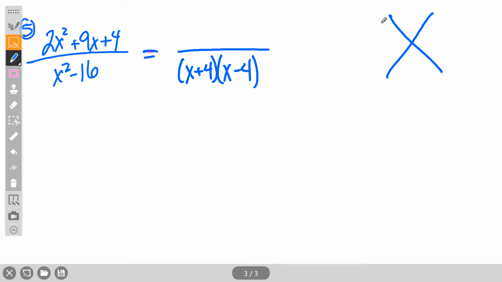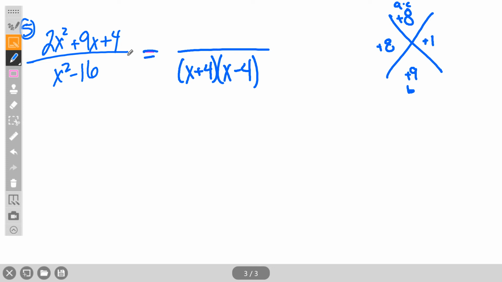So a times c in the top is 8, and b is in the bottom, so positive 9. Two numbers that multiply to 8 and add to 9 are 8 and 1.